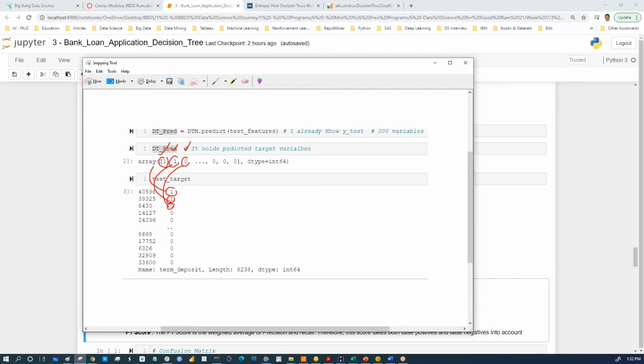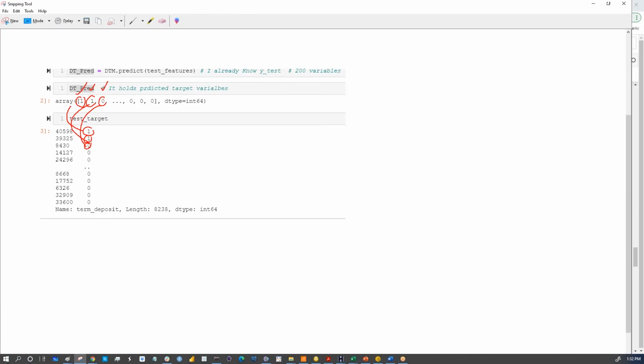How can we get delta here? Yes, we are going to look into it. Just hold on. To compare the actual target variable with the predicted target variable, we are going to use a concept called confusion matrix.